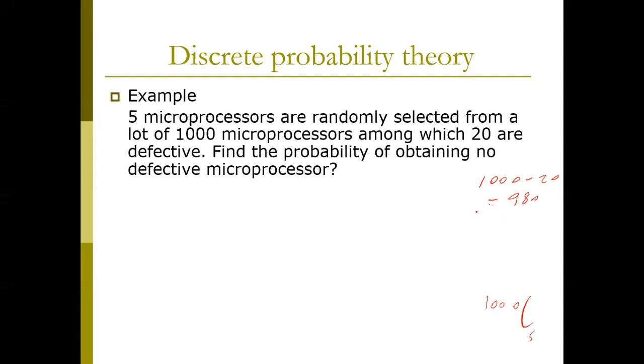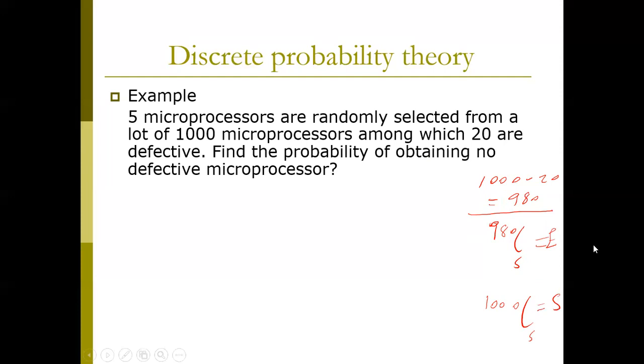Now our event, since there are 980 that are not defective, so our 5 will be chosen from the 980. So we're going to have 980 choose 5, and that is going to be our event, while this is our sample space.